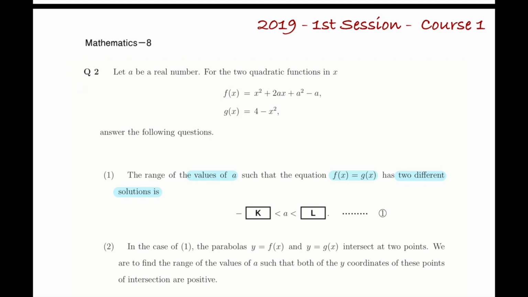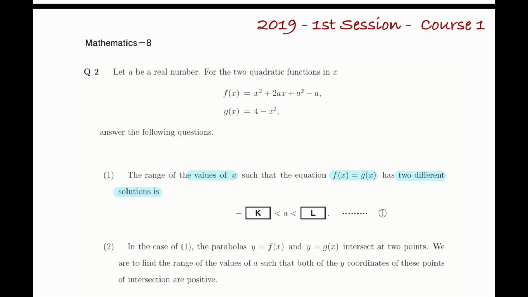So for the first question, we want to find the range of values of A such that f of x equals g of x has two different solutions. First of all, I will equate f of x equals g of x.